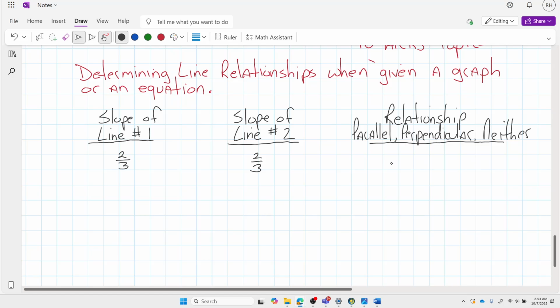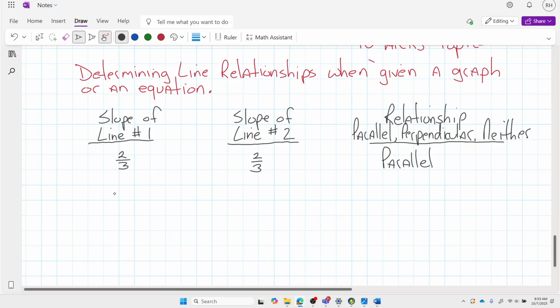Anybody? Same slope. The lines have the same slope, so they are parallel. Lines that have the same slope are parallel.